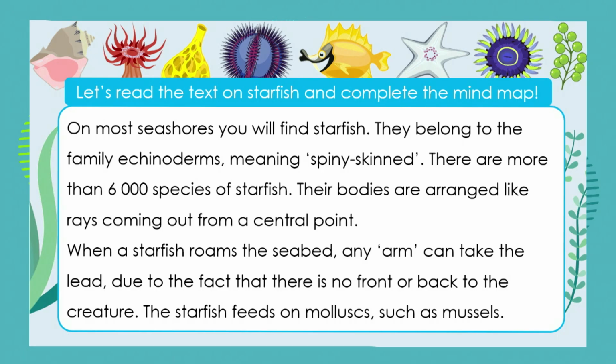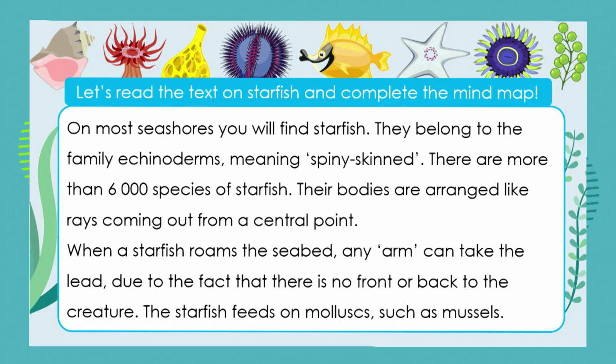So on most seashores you will find starfish. They belong to the family echinoderms, meaning spiny skinned. There are more than 6,000 species of starfish. Their bodies are arranged like rays coming out from a central point.